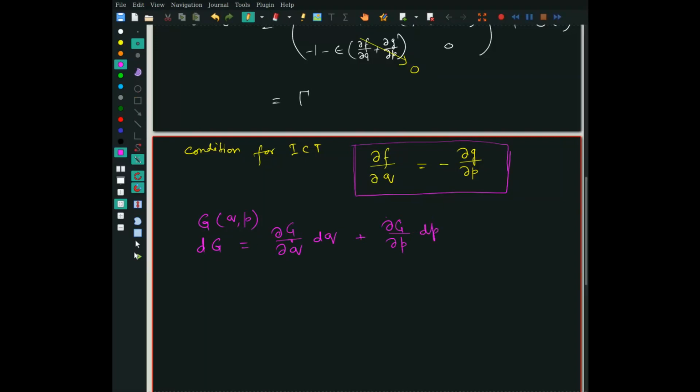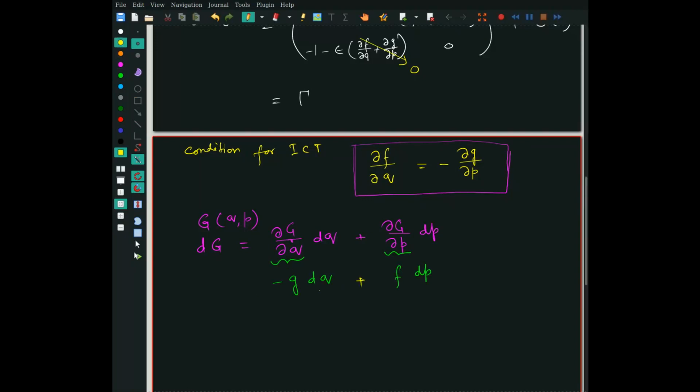Okay. So suppose I had written it as, let's say, minus g dq, and this one I will call f dp. Okay, so there's a plus sign.